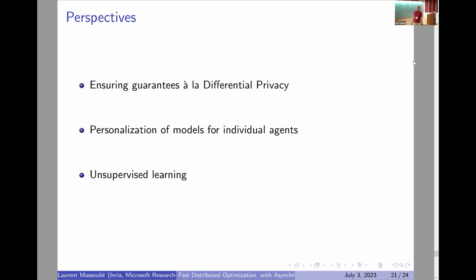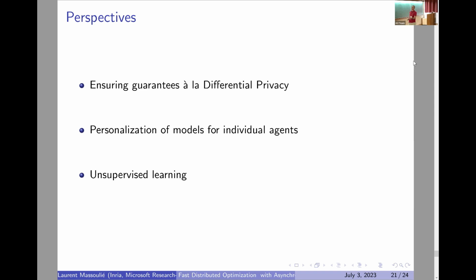There are many interesting questions in that space of distributed learning and optimization. Here I'm mentioning a few. I've already alluded to those in the beginning. Privacy is an interesting one. For instance, you could try to have guarantees such as differential privacy, and then you would not want to share your gradients in clear with your neighbors.